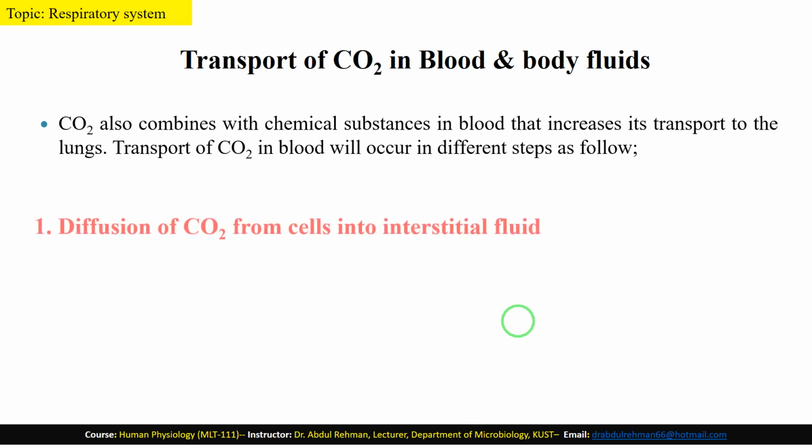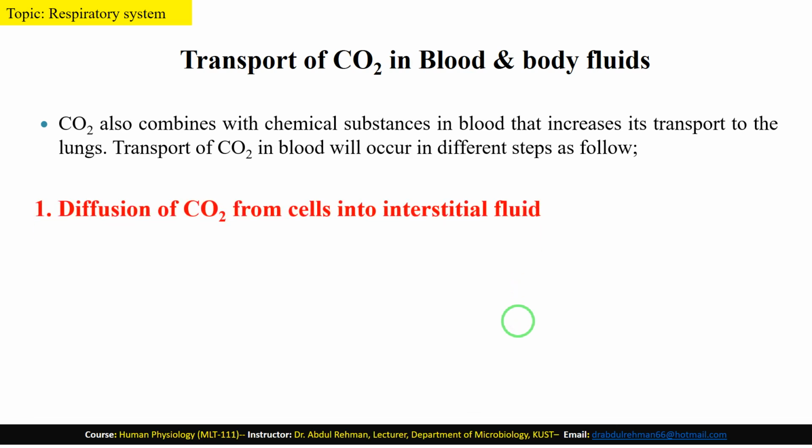The first one is diffusion of carbon dioxide from cells into the interstitial fluid. In the cell, metabolic reaction takes place where oxygen oxidizes the complex organic compound and produces carbon dioxide along with water and ATP. That's why in the cells, after metabolic reaction, the concentration of carbon dioxide is high.